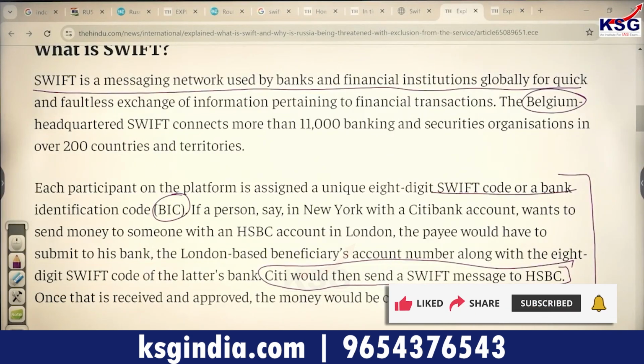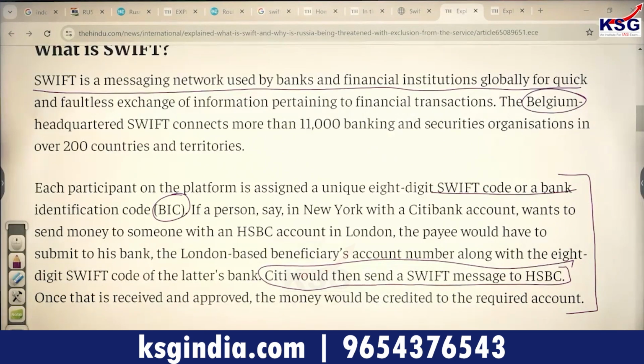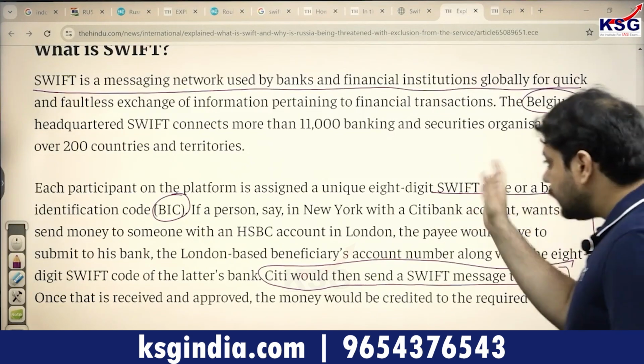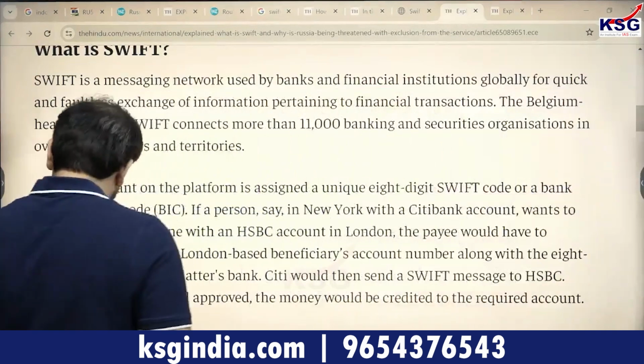So please pay a little bit of a focus upon the paragraphs which I'm highlighting over here. Okay, I want you to take a focus upon some of these items, because BIC etc. can become a part of your prelims questions.